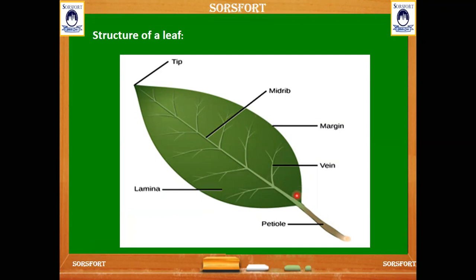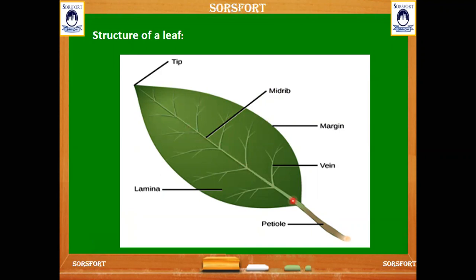And in many leaves we can find a center vein. It is called the mid-rib. We can see the big vein, this long vein. This we call the mid-rib. In some plants like grasses, we cannot find the midrib.